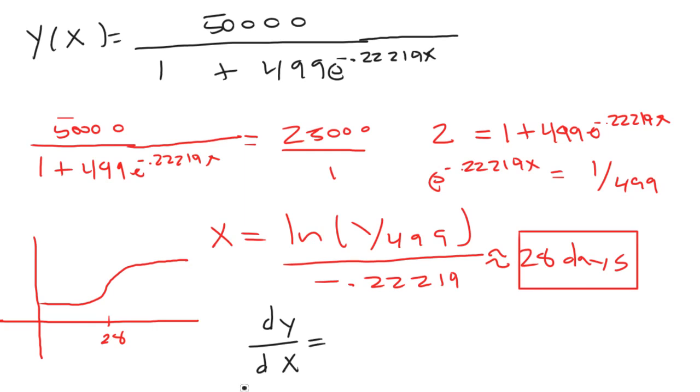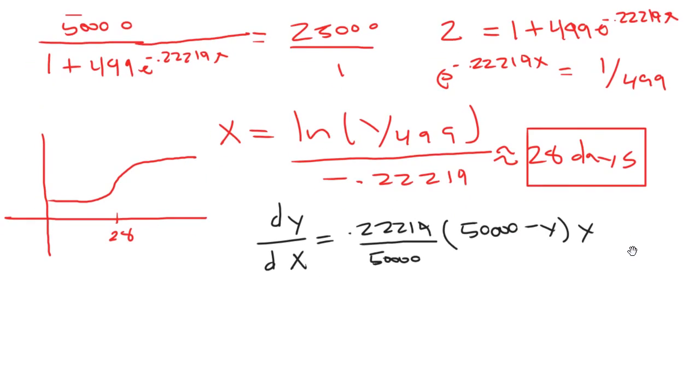Well, the k is basically 0.22214 divided by the 50,000. And then you have that this was 50,000 minus the y variable times the y. Now, how does this help you? Well, it would allow you to determine how fast this virus is spreading, for instance, at 28 days.